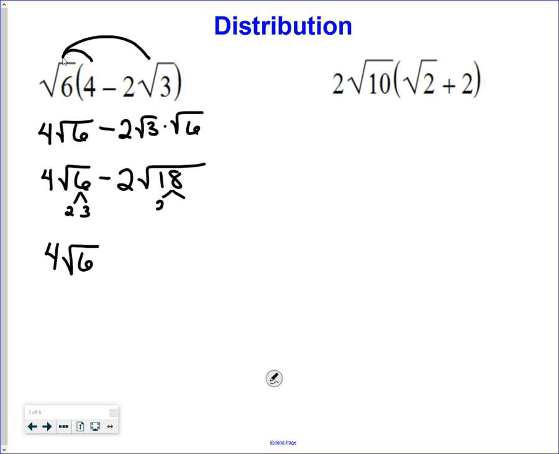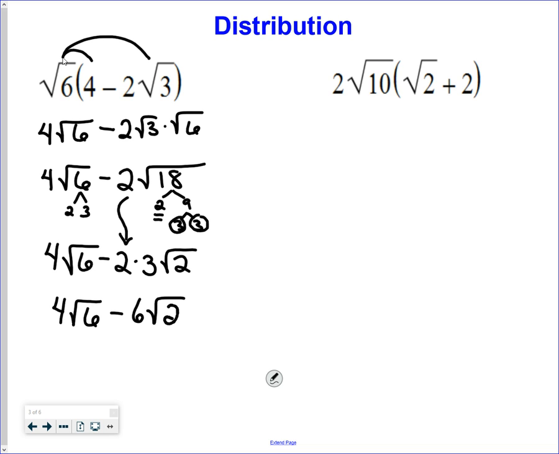But 18 is 2 times 9 and 3 times 3. Okay, so I'm going to start by bringing that down, looking for my repeats and take them up, my pairs, looking for my leftovers. Okay, so that now is 4 radical 6. Now I'm just multiplying things out, and 6 radical 2. And I can only add them or subtract them if they're both the same radicals. This is like saying 4x minus 6y. Because they're not the same number under the radical, I don't combine them anymore.